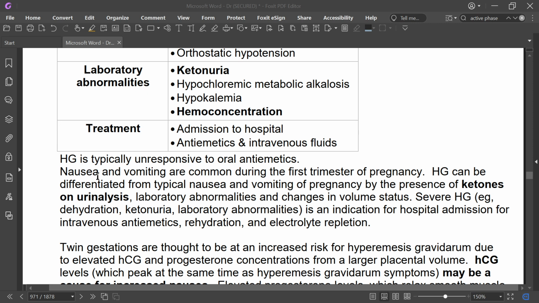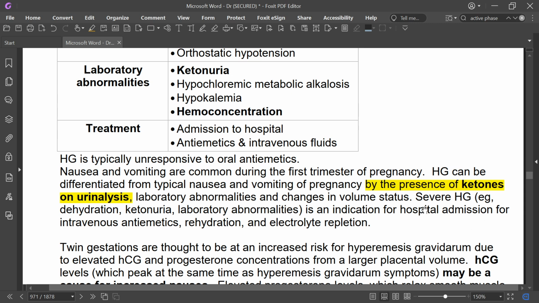Hyperemesis gravidarum is unresponsive to oral antiemetics and can be differentiated from typical nausea and vomiting by the presence of ketones in urine. If ketones are present in the urine, then it is hyperemesis gravidarum.